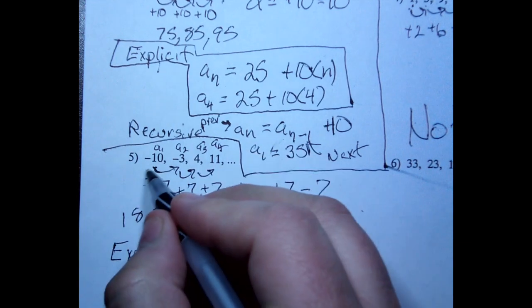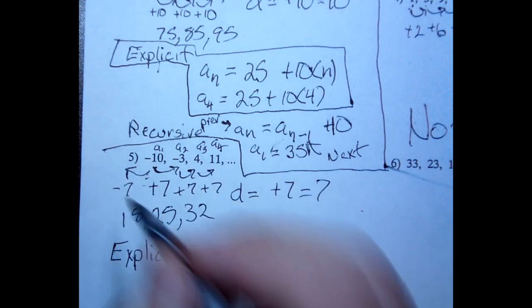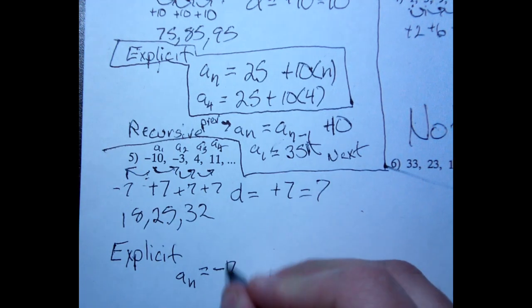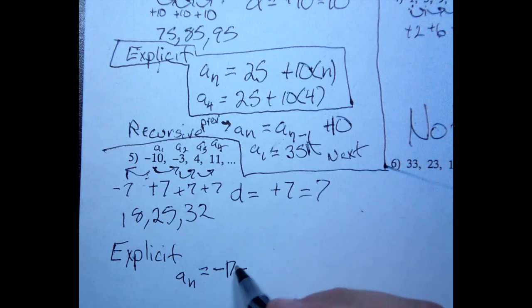In other words, if I were to go in this direction, I would actually subtract 7. So if I subtract 7 from negative 10, what would I get? Negative 17, right? Then I'm going to add 7 times n, whatever n is.